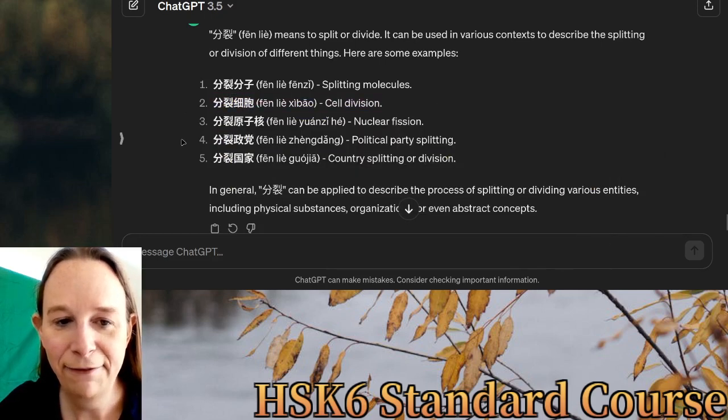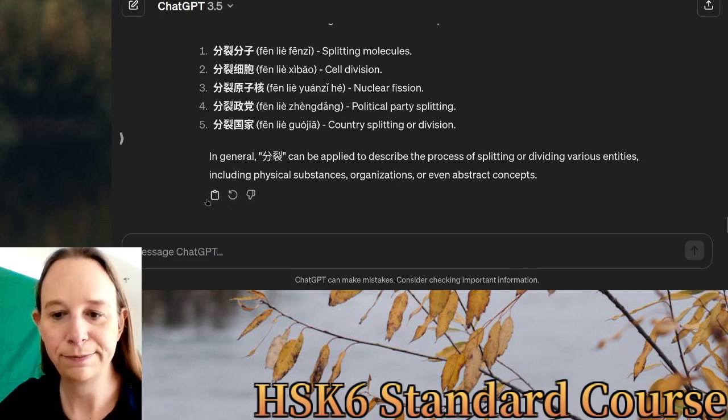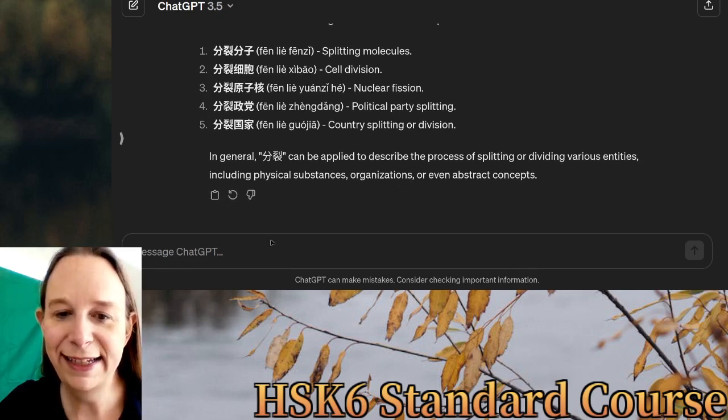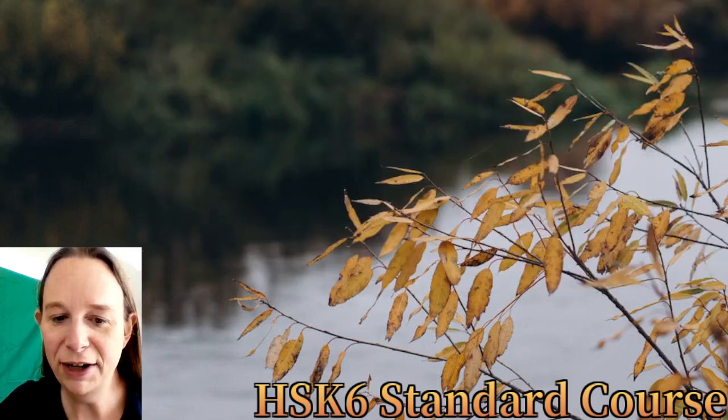Okay, that makes sense. 分裂原子核, nuclear fission. 分裂政党, political parties. 分裂国家. Okay. So there's one entity split into multiple. They fracture and divide.